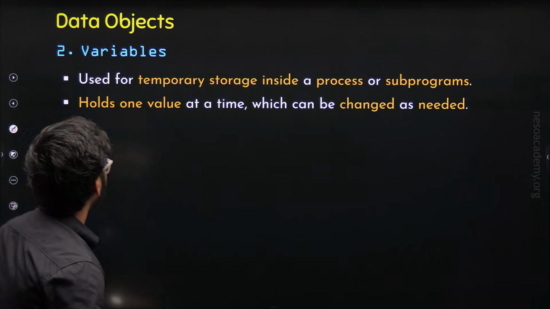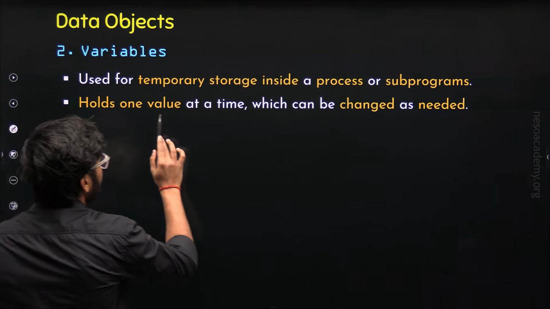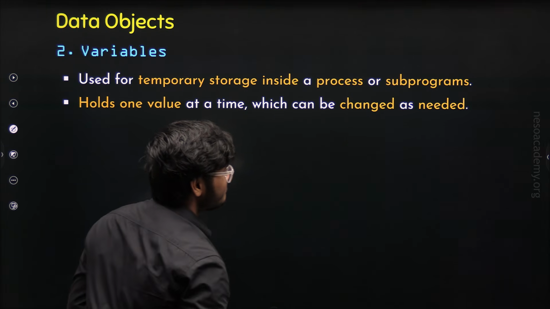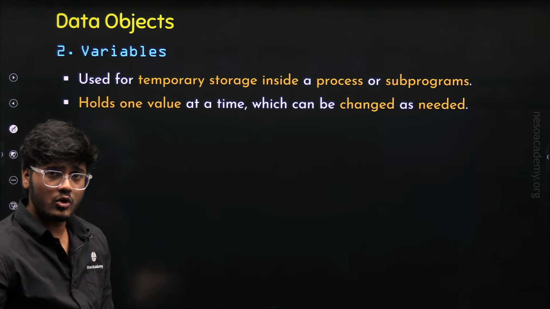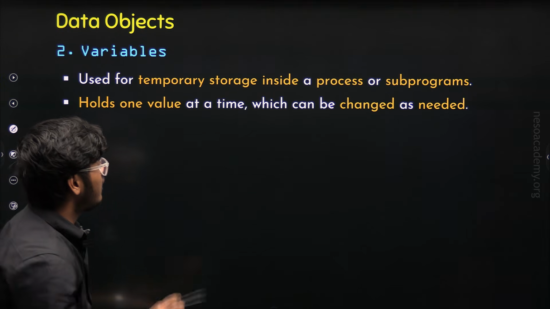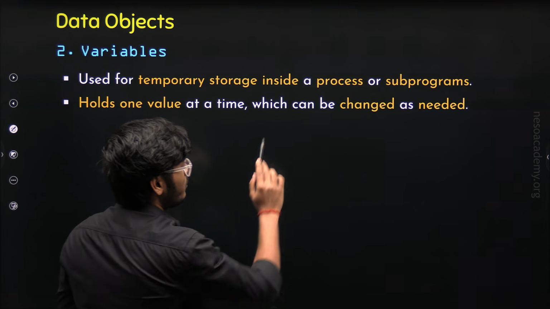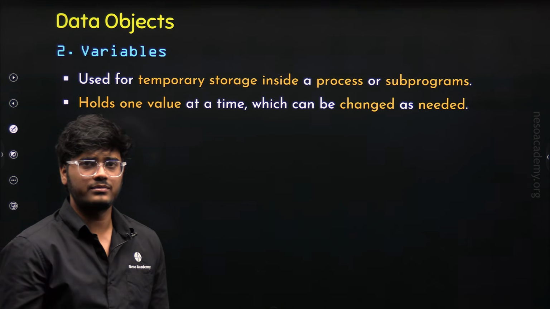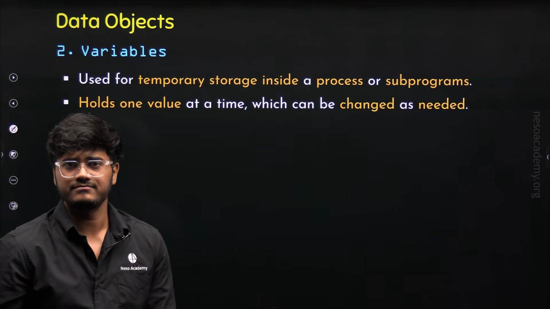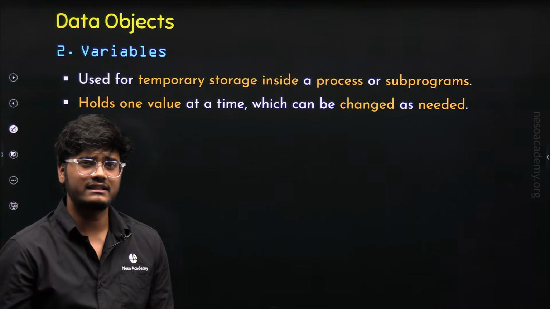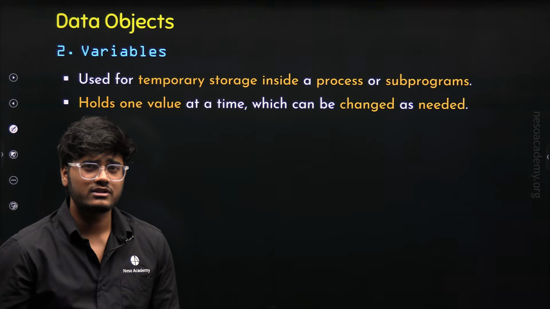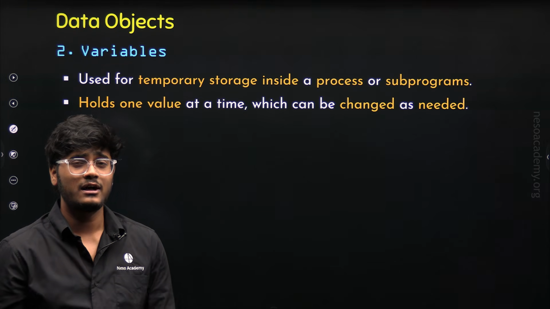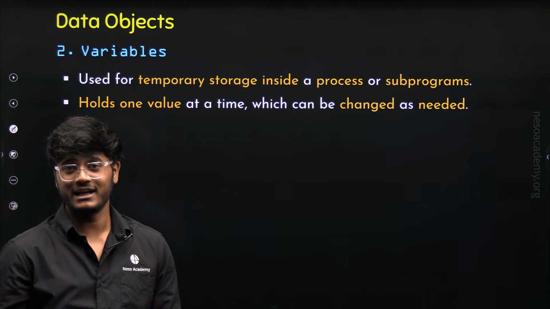And variables hold one value at a time, which can be changed as needed. Means at any moment, variables can store one specific value, which can be changed as needed. Consider an example: variable a can store a fixed integer value 8. Now the same variable a can store another integer value 10, but not at the same time.